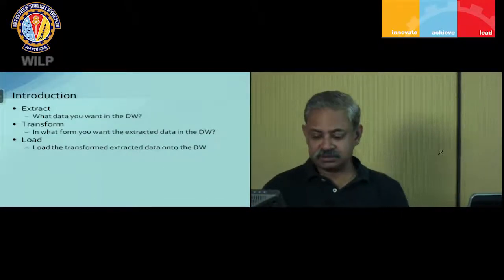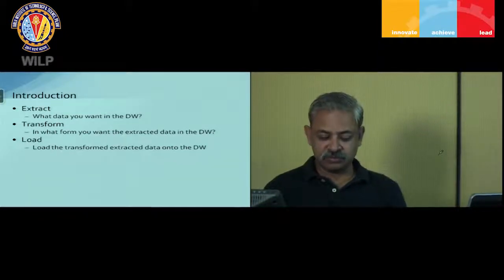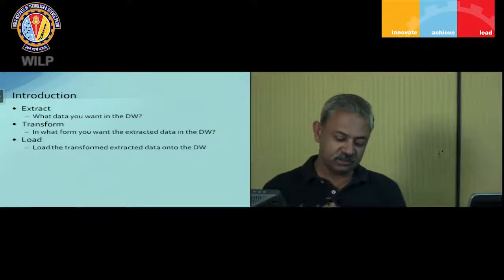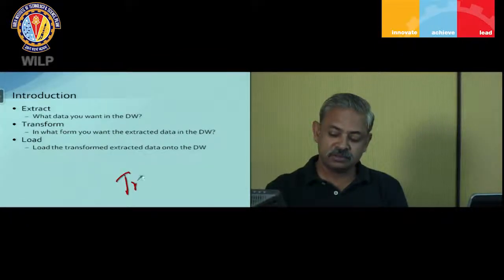It touches upon a lot of aspects of data transformation. We will talk a lot about data transformation and what kind of transformations the data should go through before it enters the data warehouse. And then the third step is load. Some authors also call it transfer.